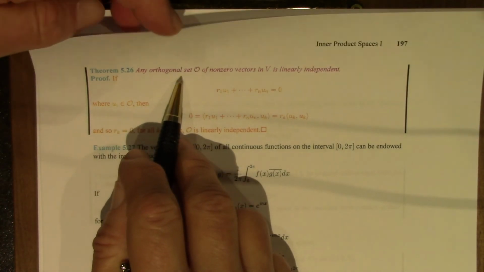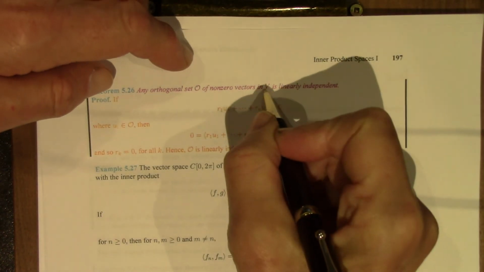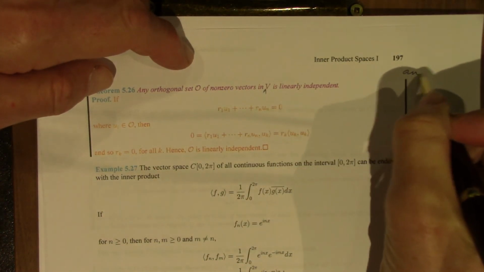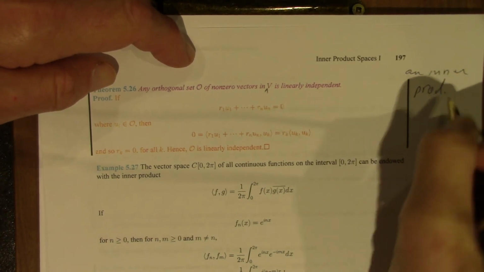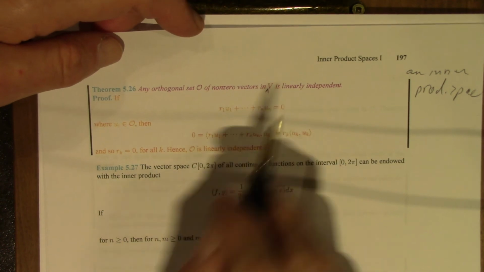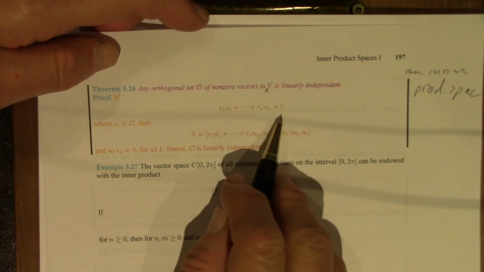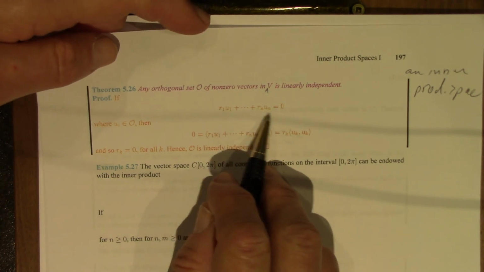Any orthogonal set of non-zero vectors in, I really should say, an inner product space is linearly independent. Here is the test for independence. We write a linear combination equal to 0.